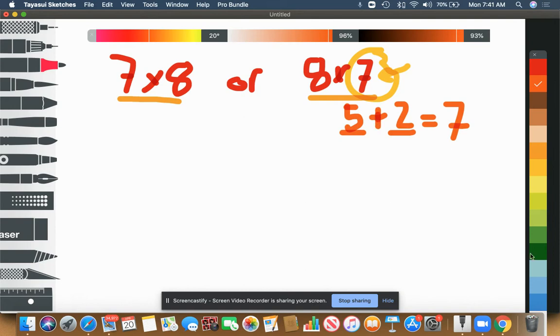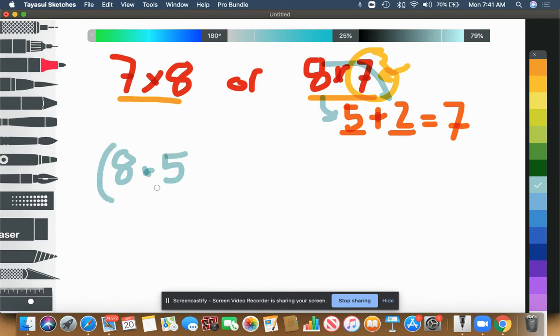Well, I know that 5 plus 2 equals 7. So what I'm going to do is, instead of doing 8 times 7, I'm going to do 8 times 5 plus 8 times 2. So I'm going to write that out. 8 times 5 plus 8 times 2.